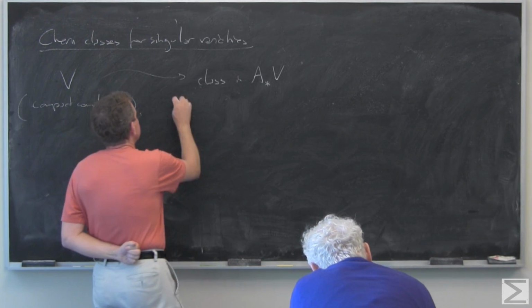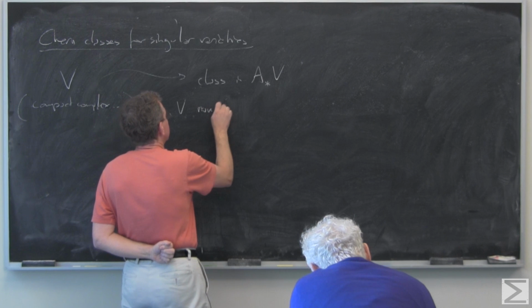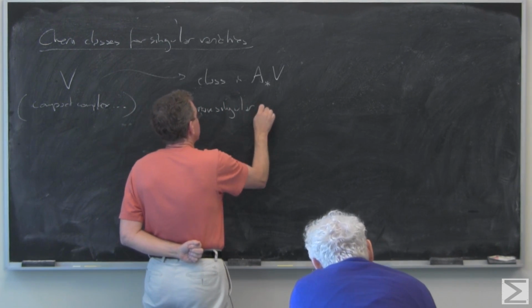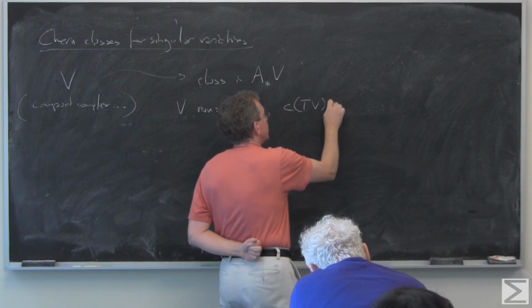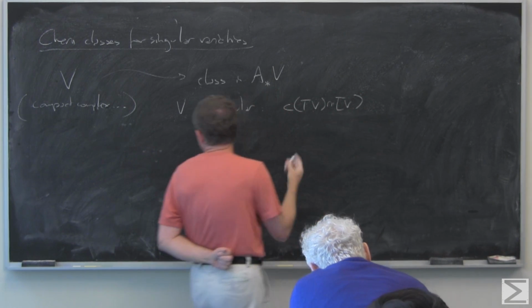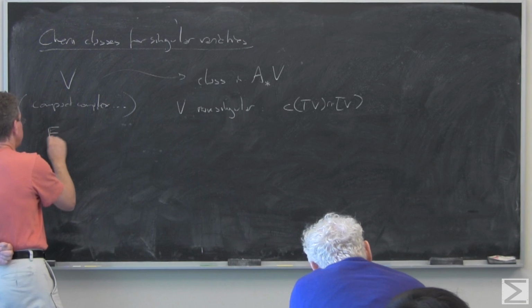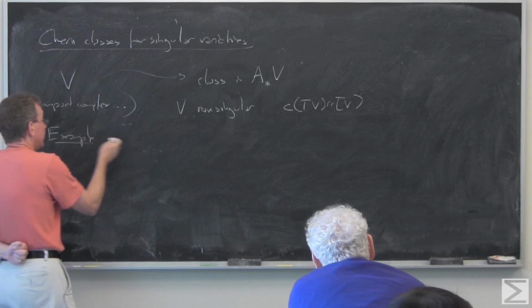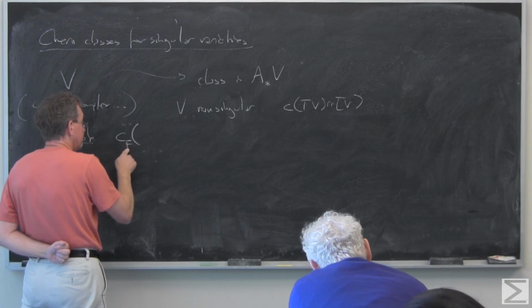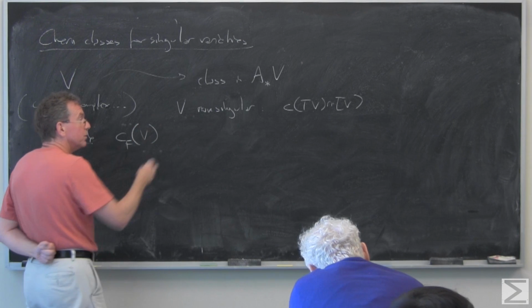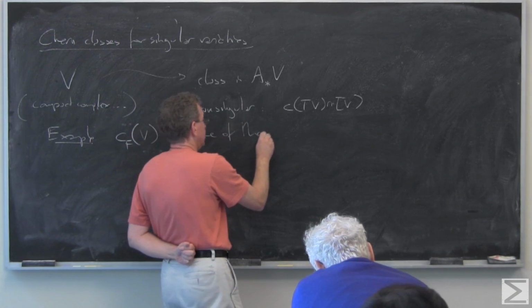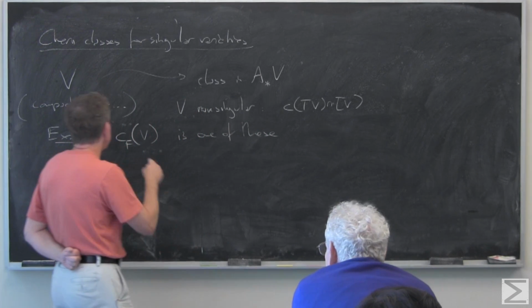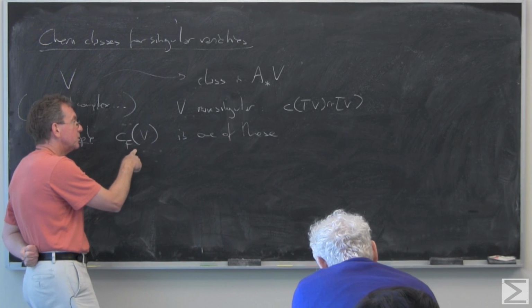For example, I want that if V is non-singular, then the class should be the Chern class of the tangent bundle of V cap V. And we have seen an example earlier today. I've learned that this class that I call Chern-Fulton class is one of these. But then Boyer asked me what the degree of this was, and I had to tell you it was the degree of something else.